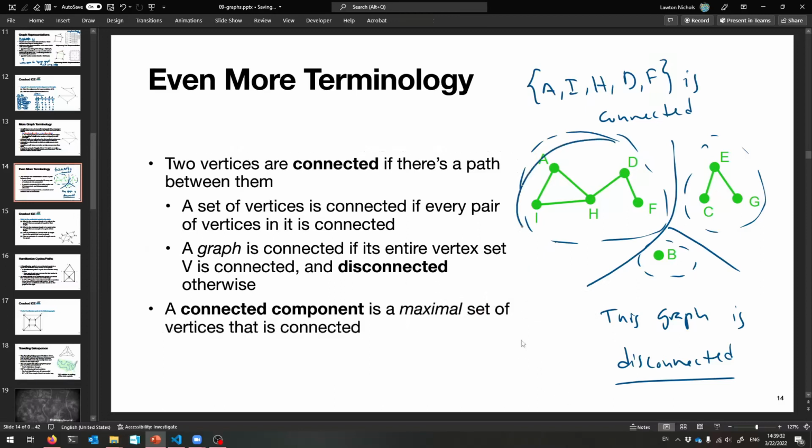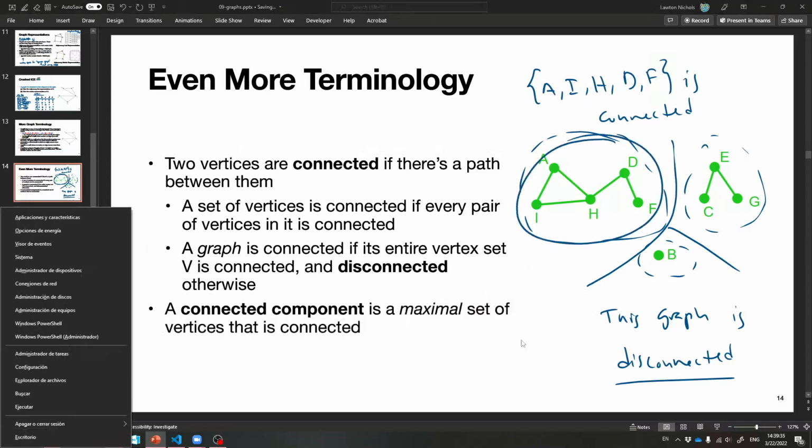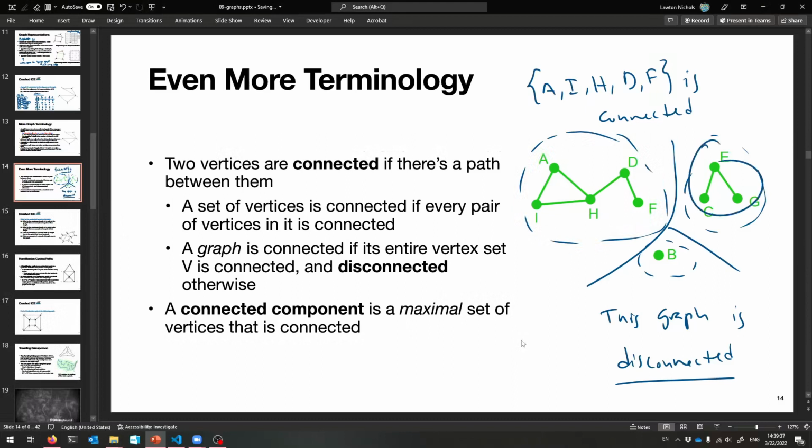So for example, this whole thing is a connected component. This is a connected component. This is a connected component as well. All these vertices are not a connected component because it's not maximal. You could also add in F. That is also connected to everybody else in that set. Okay? So those are connected components. That's the idea there.